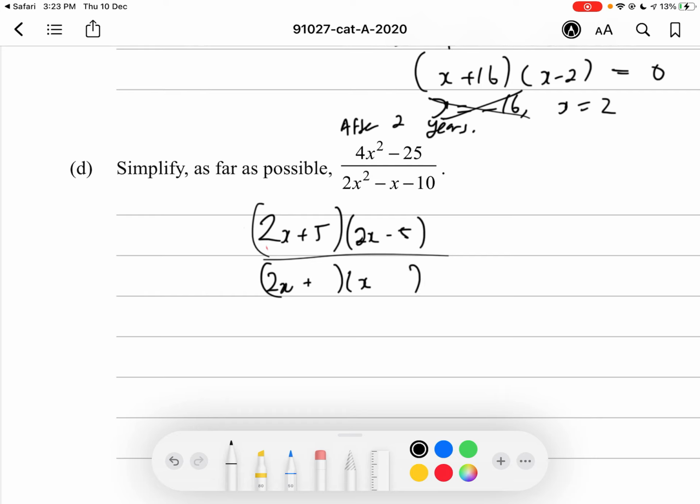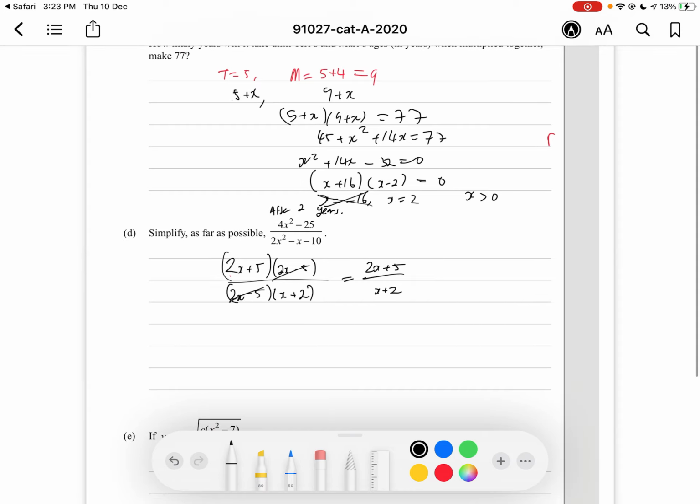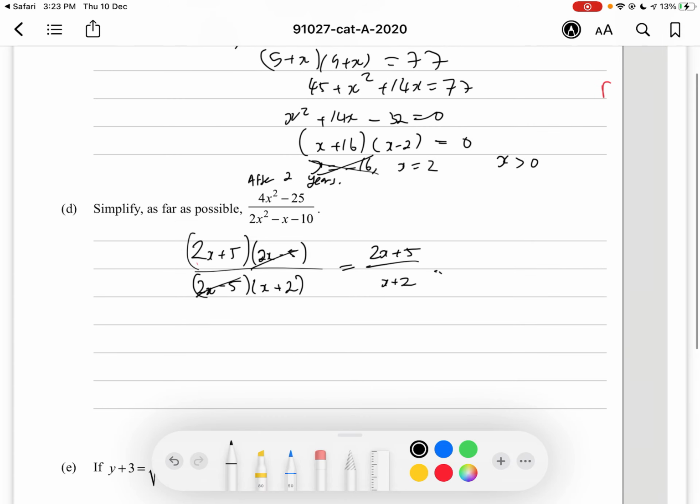We're trying to find two numbers that multiply to negative 10, so 5 and 2, and they add to negative 1. Okay, so in this case, we're going to have minus 5 here, and plus 2 here. So we have negative 5x plus 4x is negative x. Therefore, we can cancel this one out, and we have 2x plus 5 all over x plus 2. That's our final answer for this question.